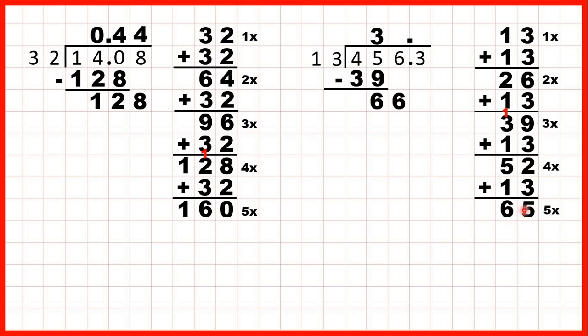So we can write this 65 below the 66, and because 65 is 5 times 13, we can write 5 in our answer. Now, again, we need to subtract and bring down. 66 minus 65 is 1, and we can bring down the 3, so we have 13 divided by 13, which is, of course, 1. So that gives us 35.1 as our answer.